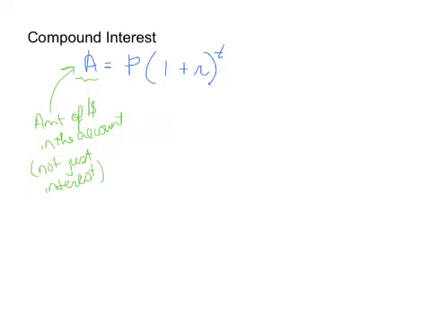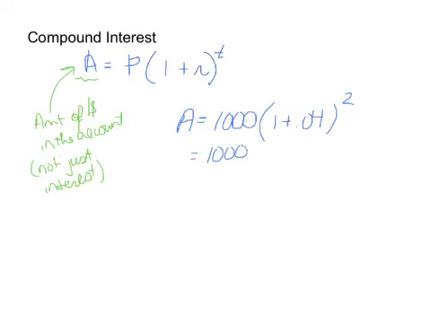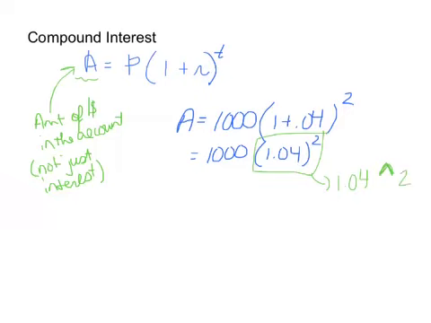If I take the same problem I did before, A is going to equal the $1,000 I put into the account times 1 plus my interest rate of 0.04, raised to the time of 2 years. I'm going to have 1,000 times 1.04 squared. One way of writing the exponent is by using the caret key, the little up symbol, with the 2.